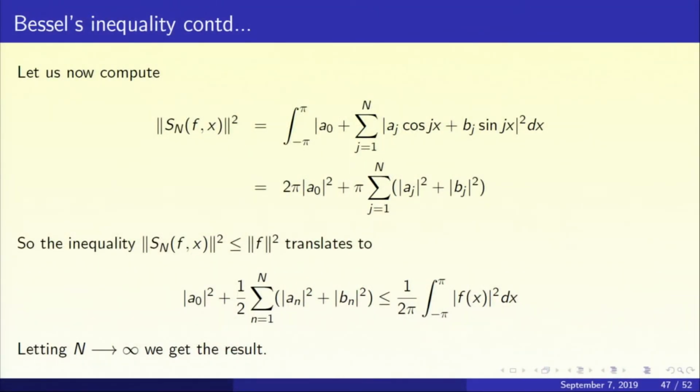The inequality ‖S_n f(x)‖² ≤ ‖f‖² translates to |a_0|² plus 1/2 of the summation n from 1 to n of |a_n|² + |b_n|² is less than or equal to 1/(2π) ∫_{−π}^{π} |f(x)|² dx. Now we simply allow n to go to infinity and we get the desired result, and the proof of Bessel's inequality is complete.